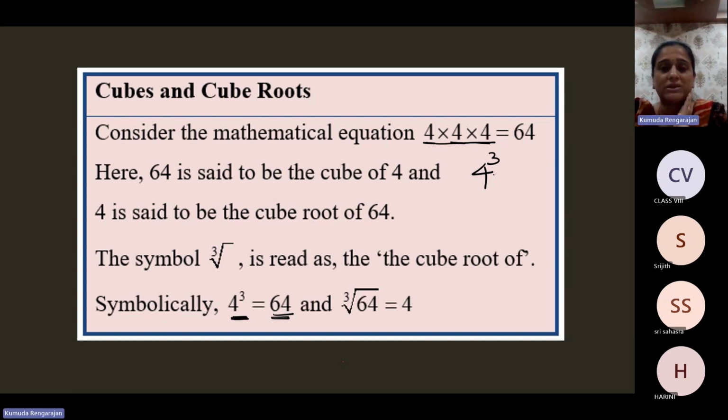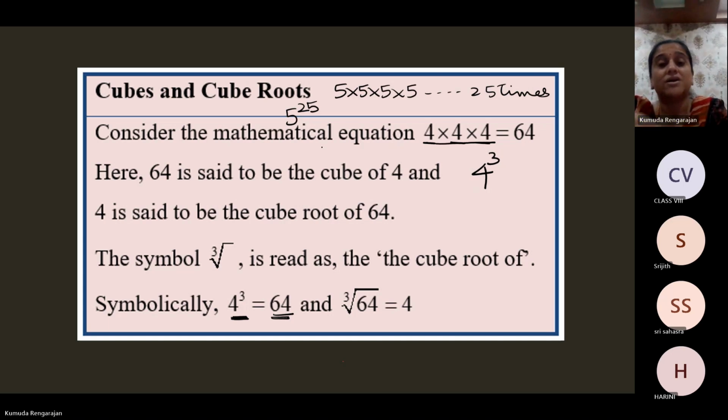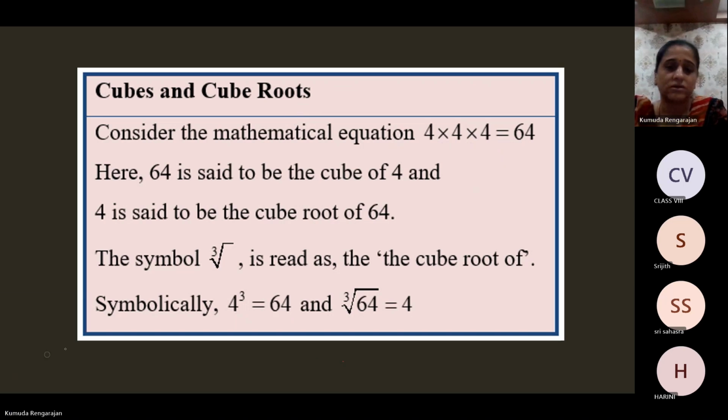Repeated multiplication can be written in the exponential form. For example, 5 into 5 into 5 into 5, 25 times is written as 5 raised to the power 25.